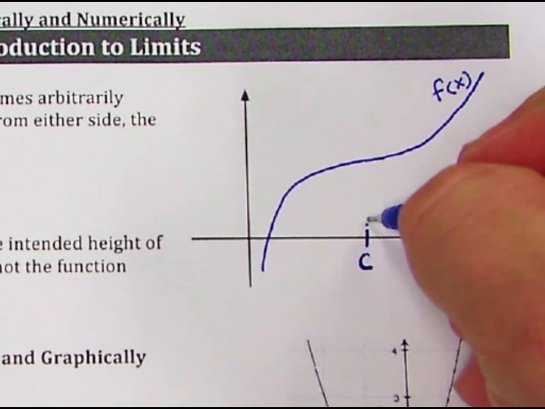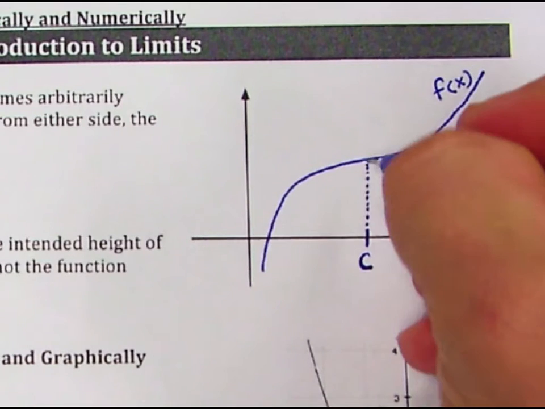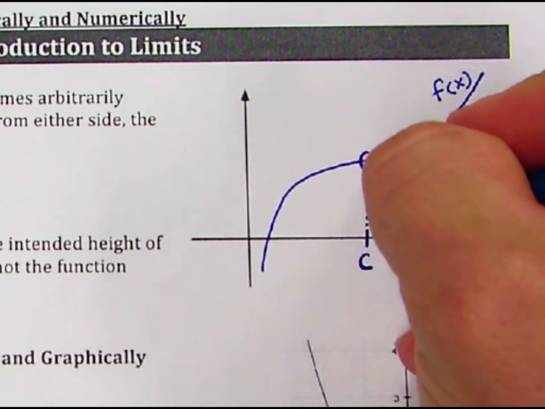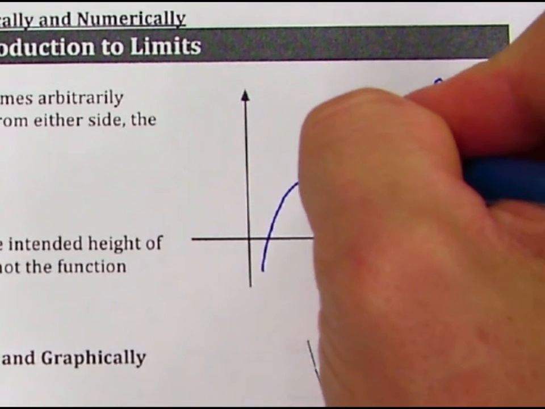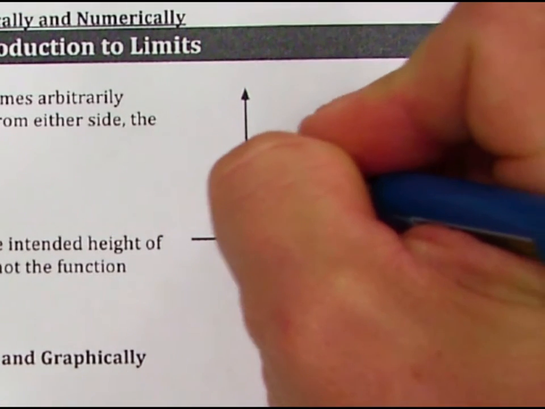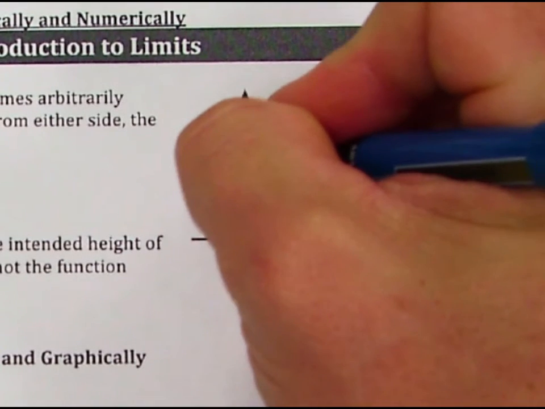Okay, so we just trace this up and we look at the height, or the intended height, of this function at that point. And if we map this over to our y-axis, we get a y value, and that we call L, which is the limit.